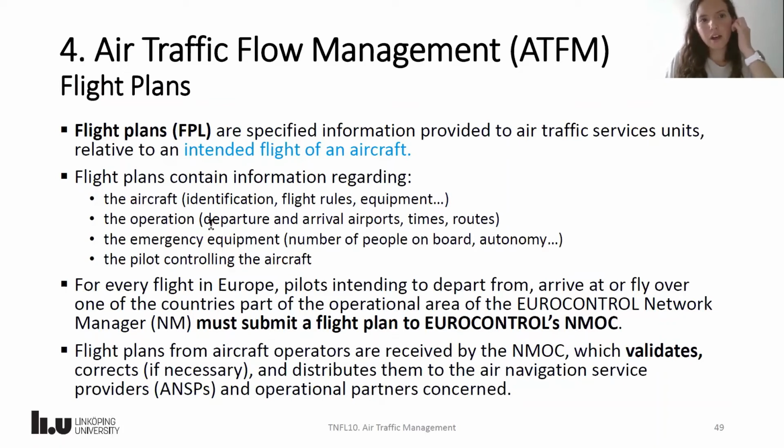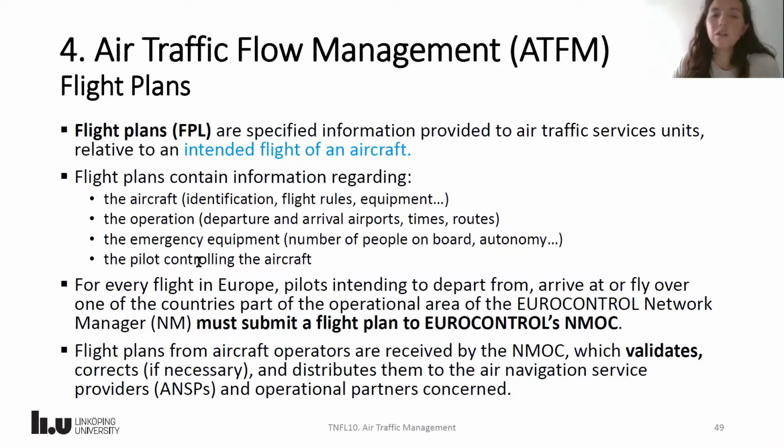Then we have information about the mission, about the operation. So which is the time of departure, the time of arrival, which are the airports of departure and arrival, which are the waypoints or the route that the aircraft is going to follow. Then we have some information about the emergency data. How many people are in that aircraft?